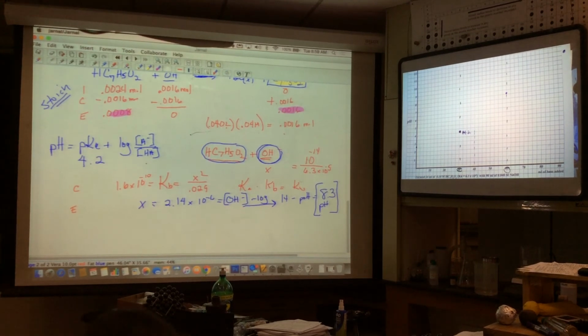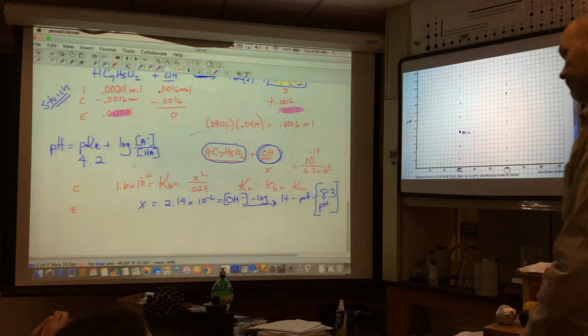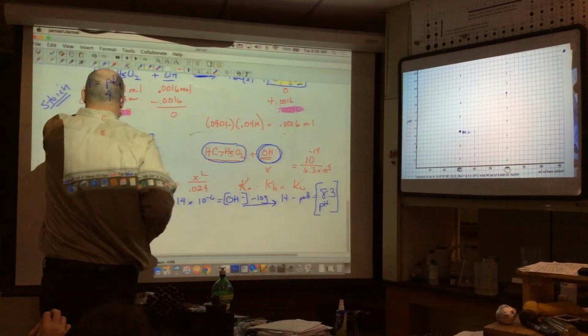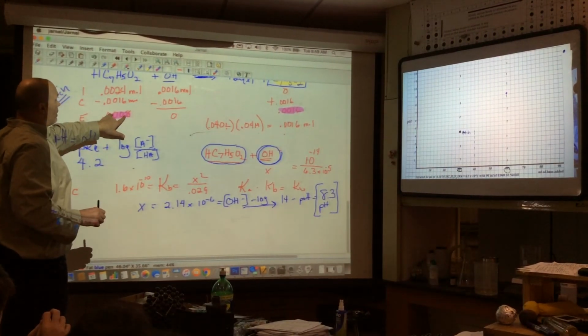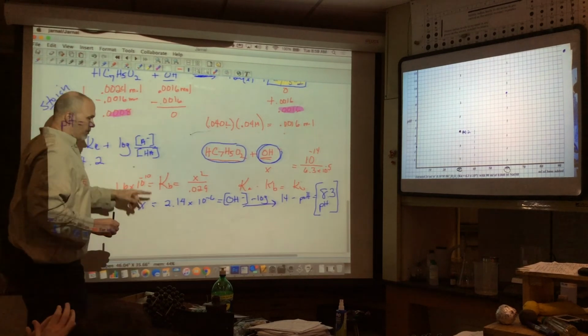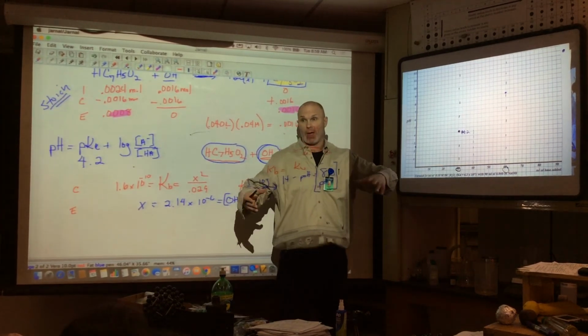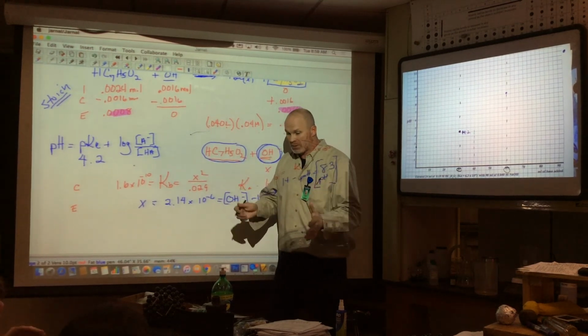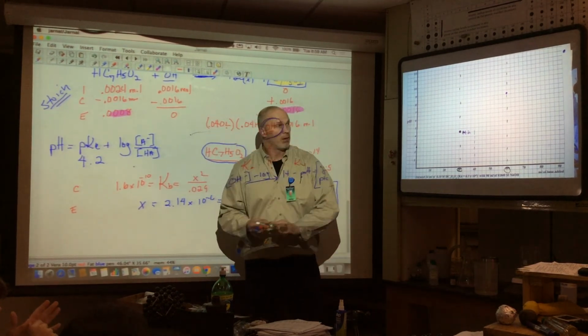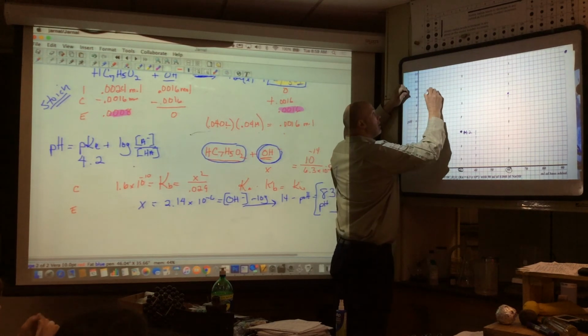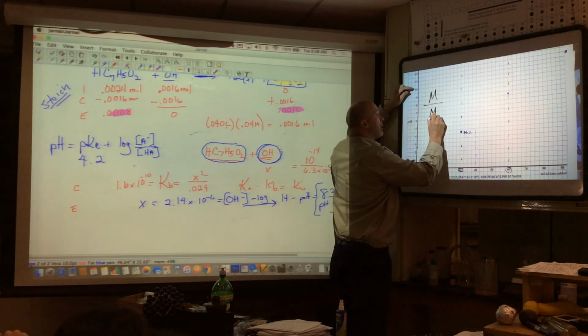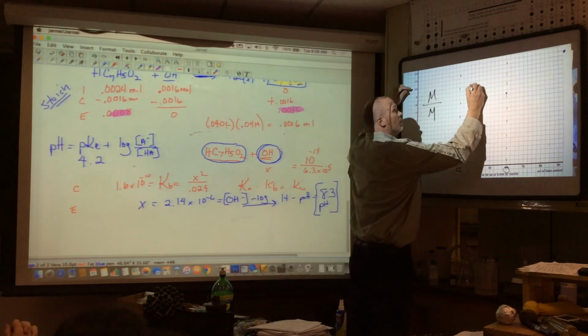Now the question is, what are these concentrations? We could spend some extra time here, and I can take these moles and divide them by the total volume in the beaker, 40 plus 24, convert that and do all that and plug it in. But what do I know? I'm doing molarity over molarity. What's molarity?